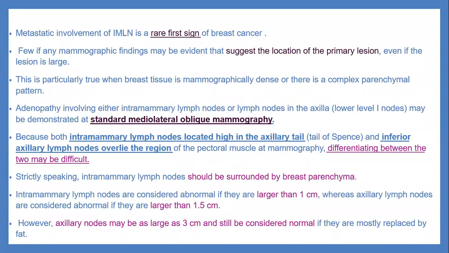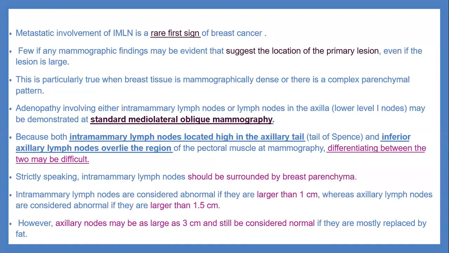Sometimes it's difficult to differentiate between the low-lying axillary lymph node and the high intramammary lymph node. However, as we described before, you should depend on the surrounding breast parenchyma. If the lymph node is surrounded by breast parenchyma, then it is an intramammary lymph node. If not, it will be in the axilla.